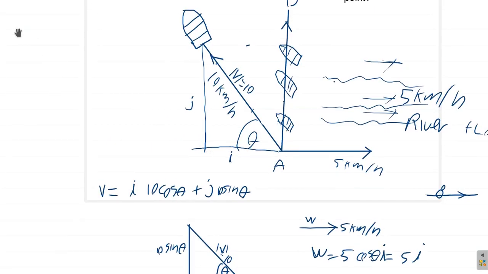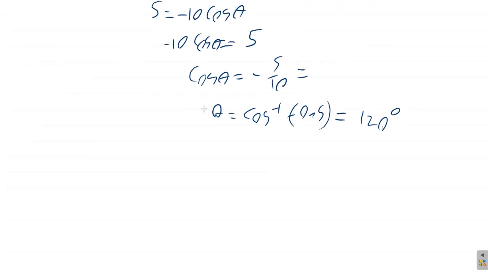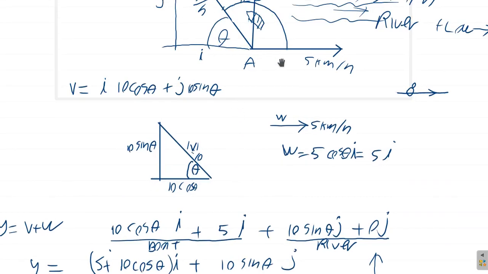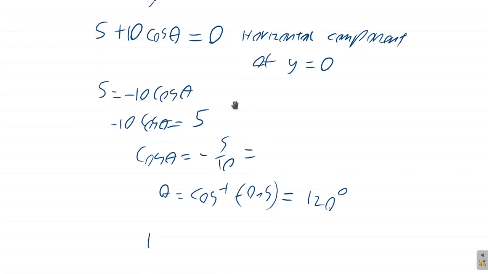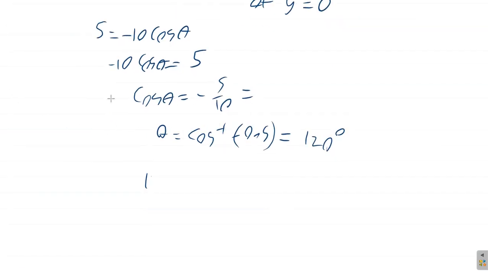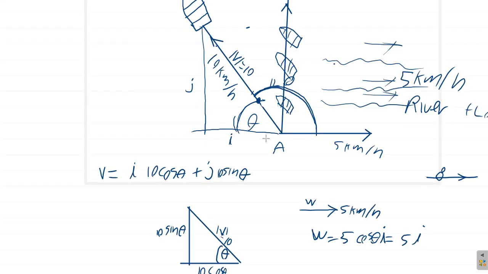So that means all of this angle is 120 degrees, but you want to find theta over here, which turns out to be the rest of it. So 180 minus 120 equals 60. It looks like 60 degrees it would be. Alright, so that's what you have there.